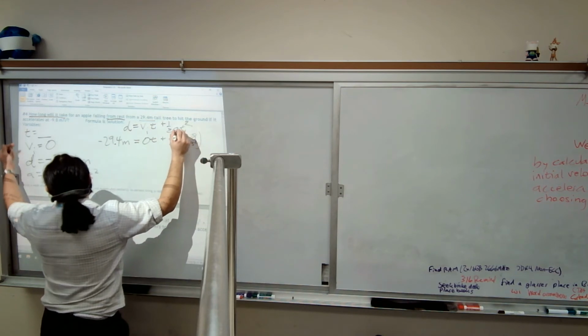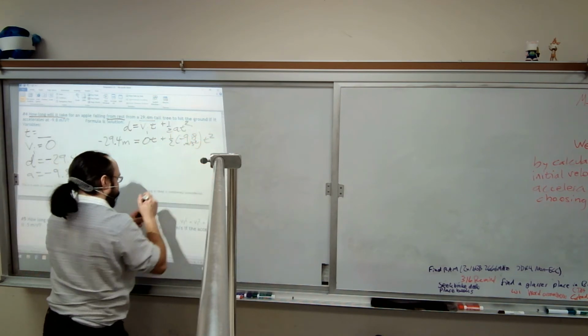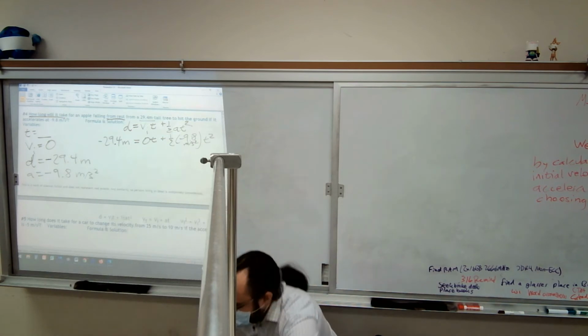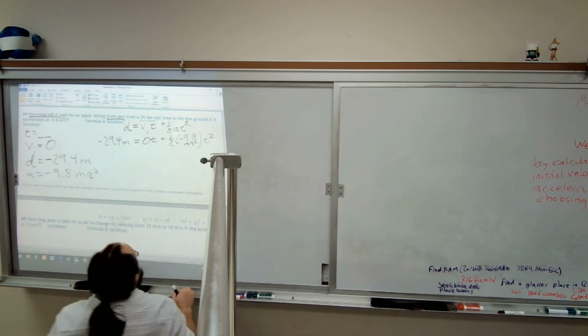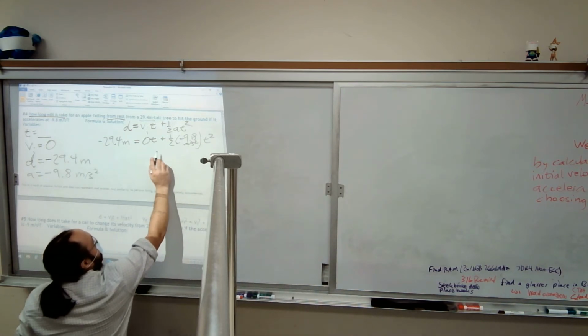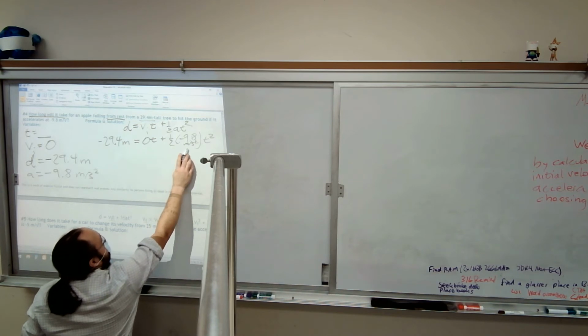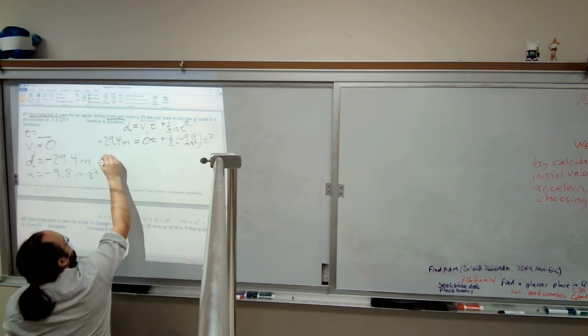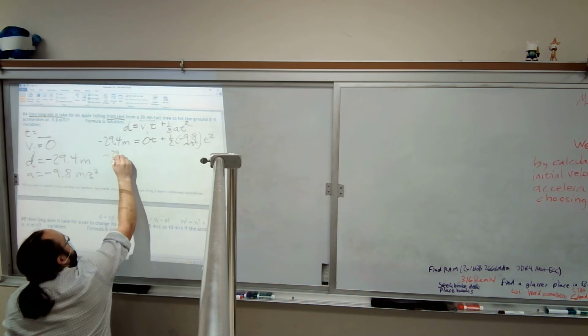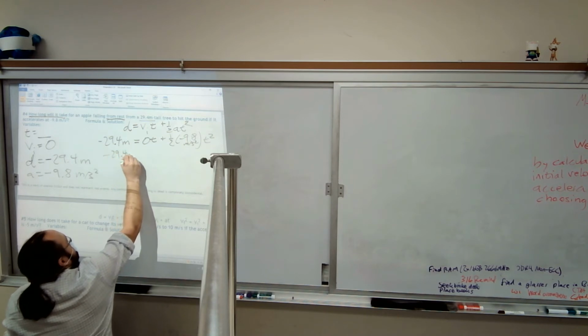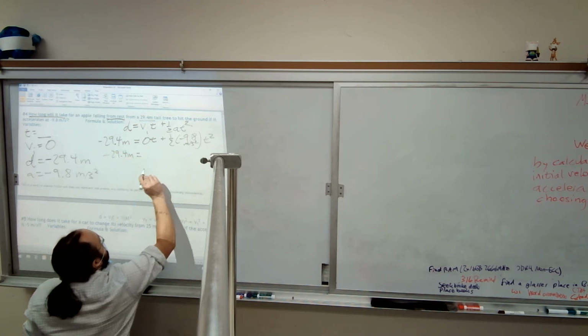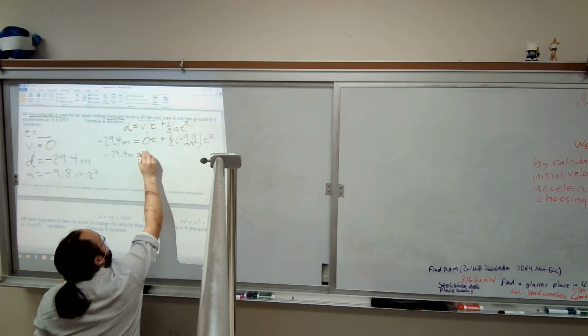And t is, we don't know. All right. So let's see what we can simplify here. I guess we can do 0 times time, and we can do 1/2 times negative 9.8. So I'm going to rewrite it with that stuff simplified. I think my marker's dying a little bit. 0 times time is 0.